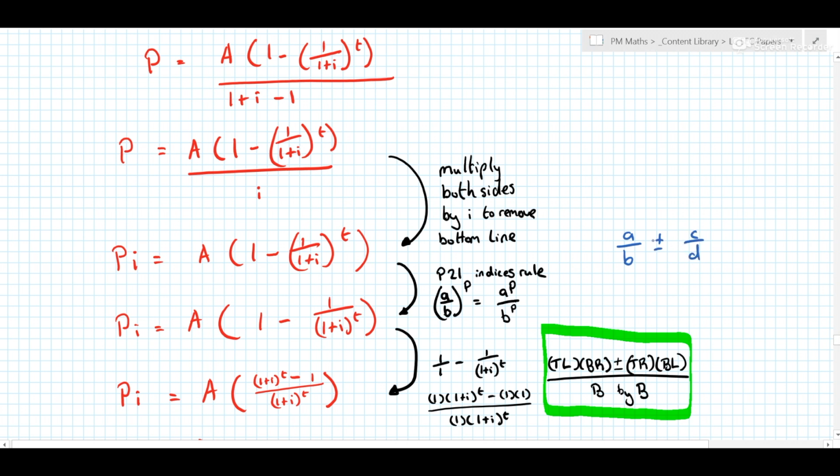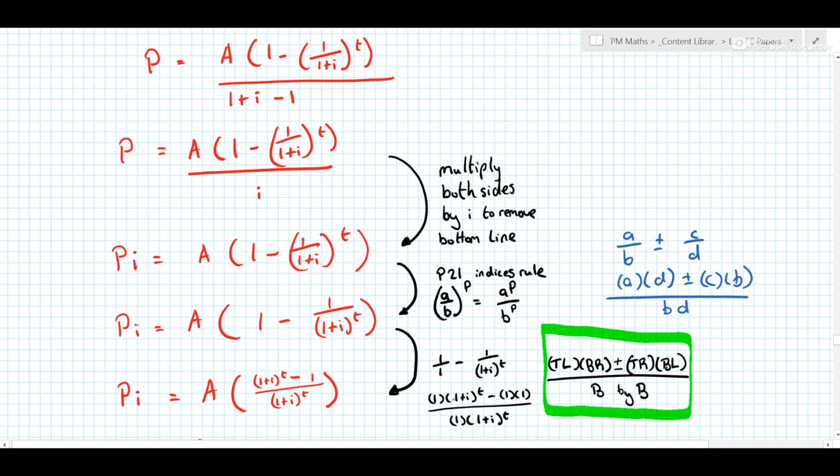How to add those two fractions? It's top left, so a, by bottom right, which is d, plus or minus. If it's an addition, it'll be plus. If it's subtraction, it'll be minus. So plus or minus top right, which is c, by b, all over bottom by bottom, b by d.